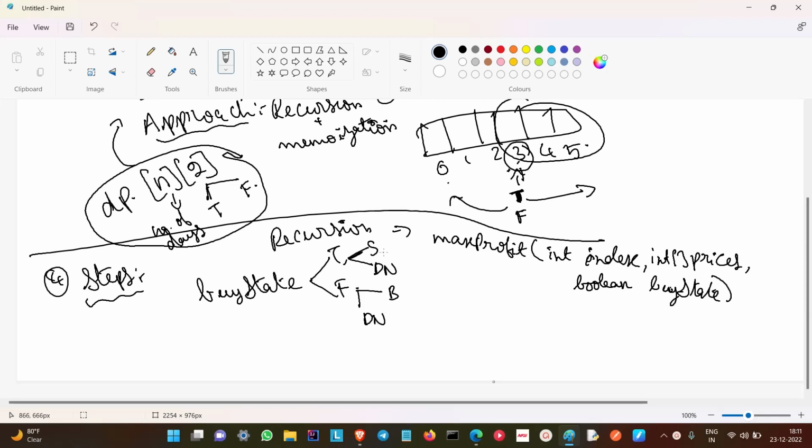If we sell the stock, we'll move to i plus 2, so we'll move the index by 2 positions, and if we do not sell, we can move to the next index. And if we buy the stock, we'll move to the next index, and the same goes for do not buy. If we are doing nothing, we'll move to the next index.